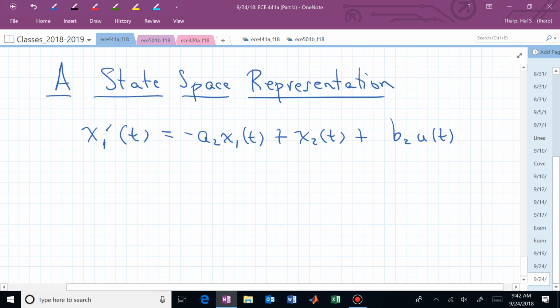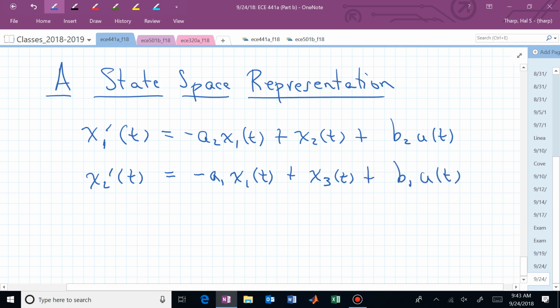Let me write those down. x2 prime is now minus a1 x sub 1 of t plus x sub 3 of t plus b1 u, and x sub 3 prime is minus a sub 0 x1 of t plus b sub 0 u of t.